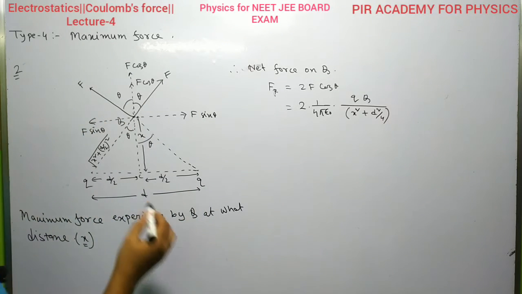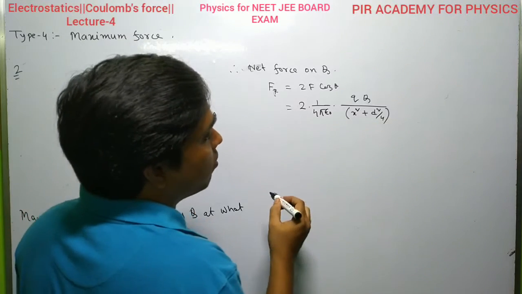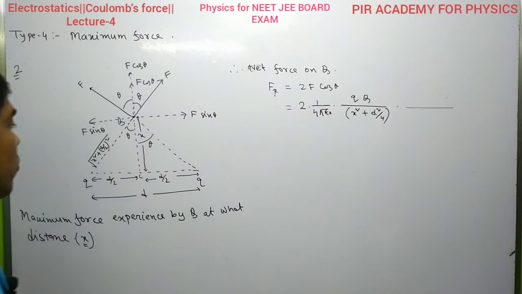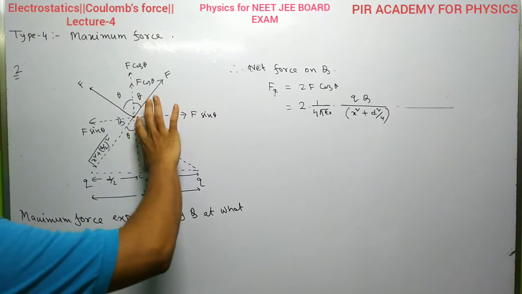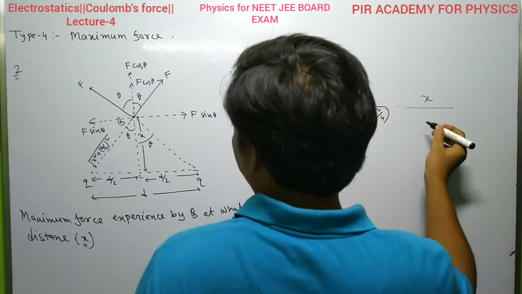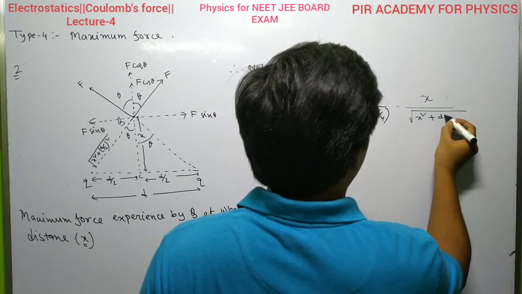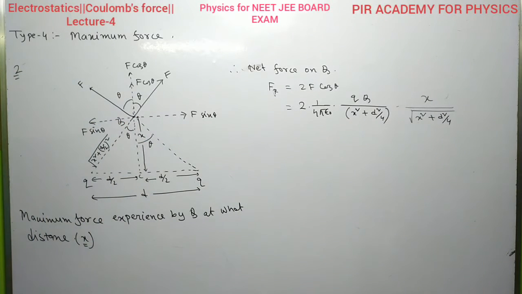If this is squared, the root cancels out, so it will be x square plus d square by 4. Now this is the cos theta. What is the cos theta? This is theta, so cos theta will be x divided by root over x square plus d square by 4. This is the total force.